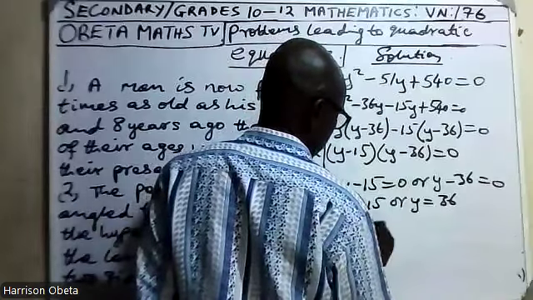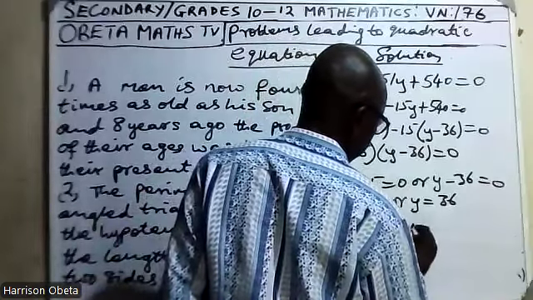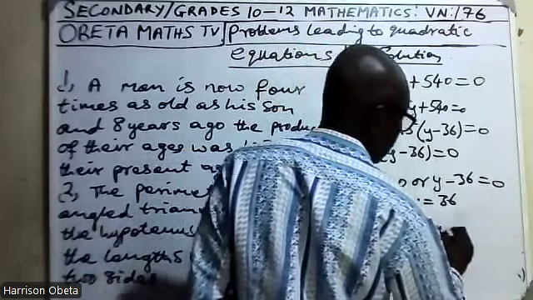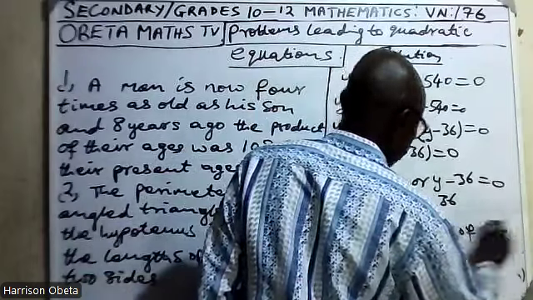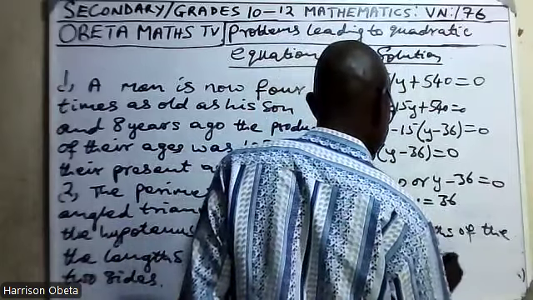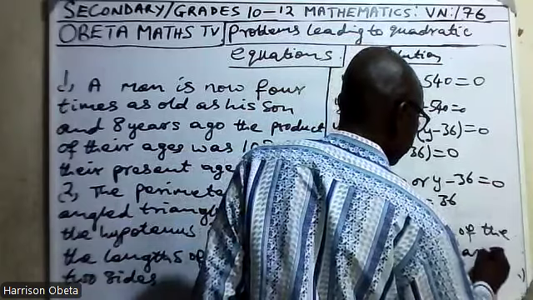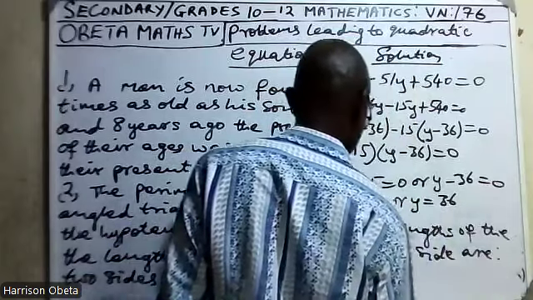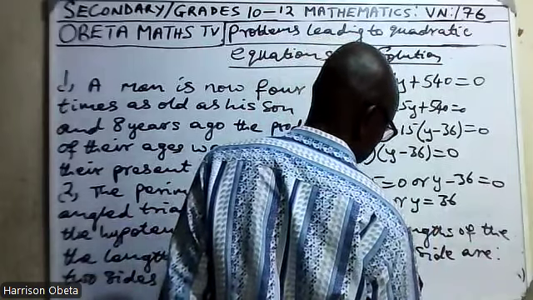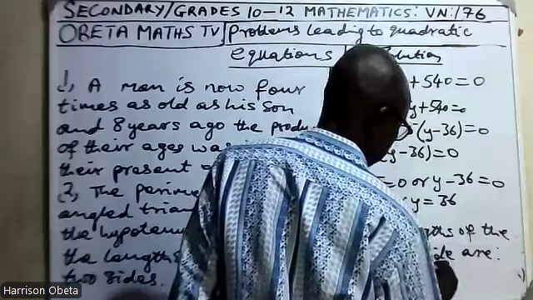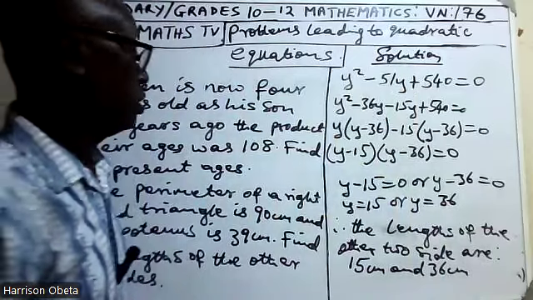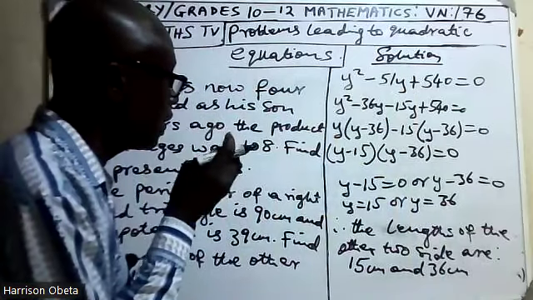Therefore, the lengths of the other two sides are 15 cm and 36 cm. Now, in order to check, you can add all of them and you must get 90.